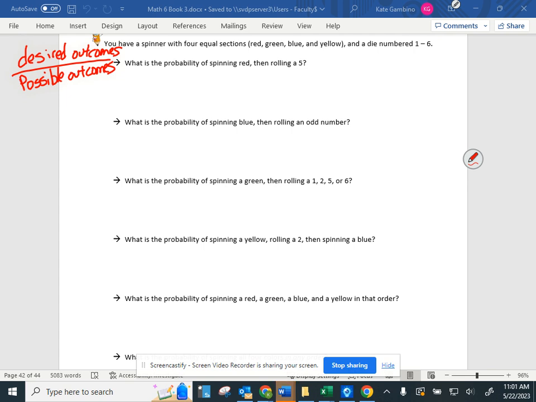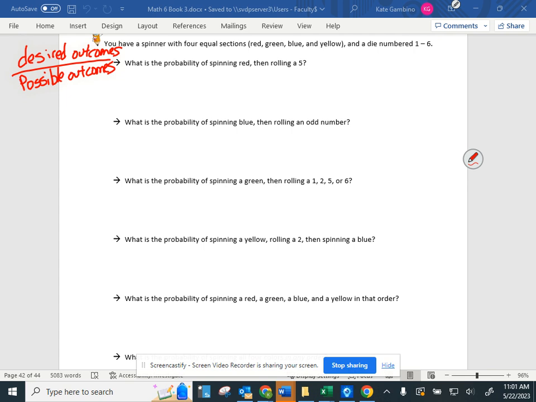So this time, instead of marbles in a bag, we have a spinner with 4 sections. So how many possible outcomes are there? 4. There's 1 of each color. So there's 1 green, 1 red, 1 blue, 1 yellow. And then we have a die numbered 1 to 6. So how many possible outcomes are there on the die? 6.